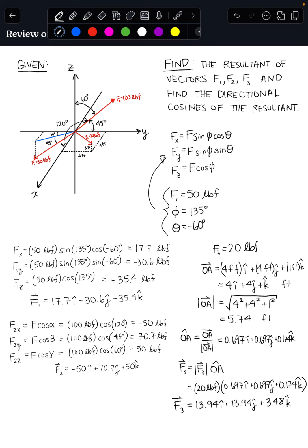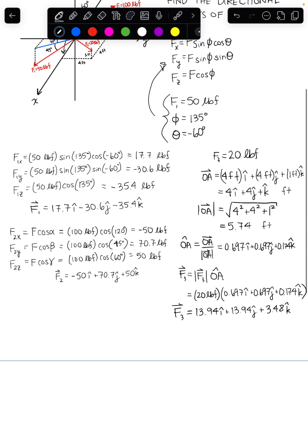So if you can follow each one of these force vectors and how we transformed it into Cartesian coordinates, then you know all the tricks. So now the last part here, we've gotten a little sidetracked. Our actual ask is to find the resultant of the vectors F1, F2, F3. So let's do that now.